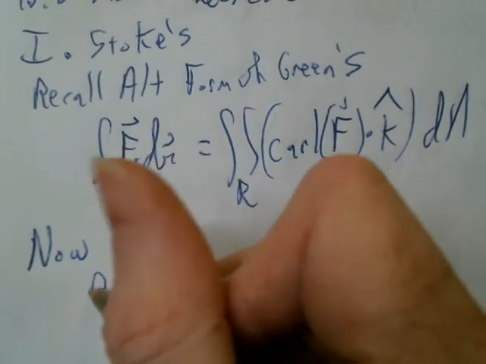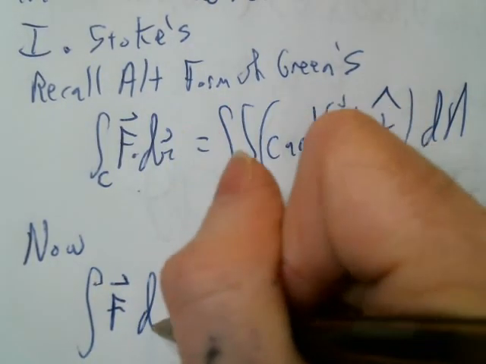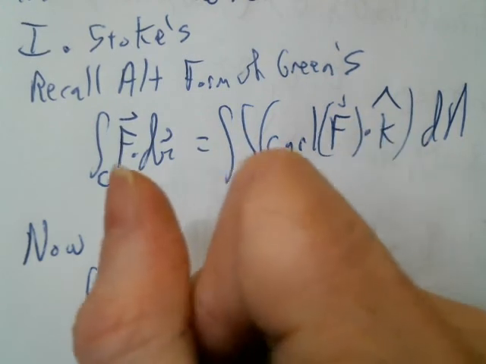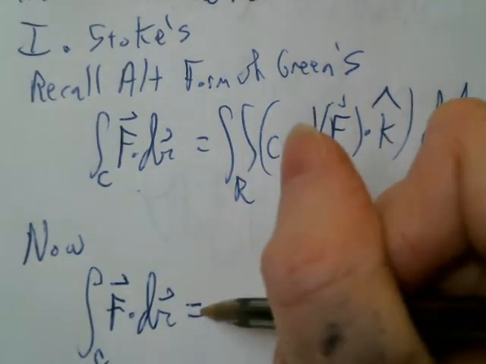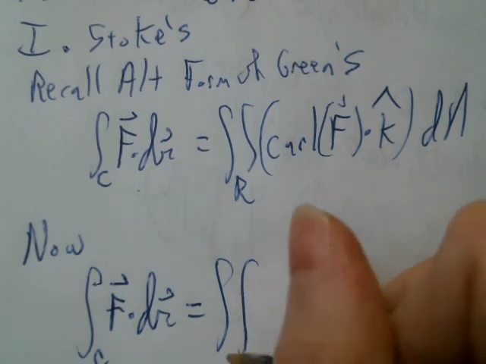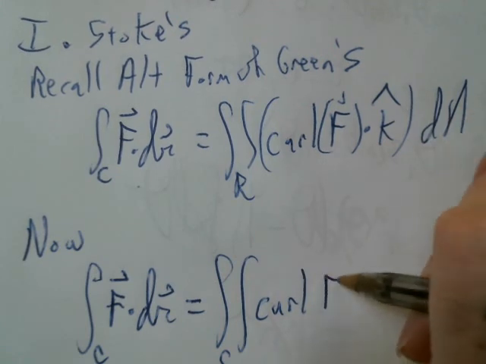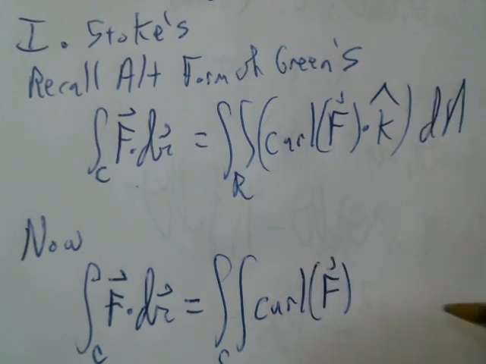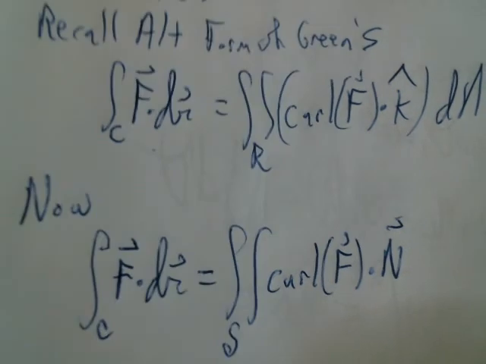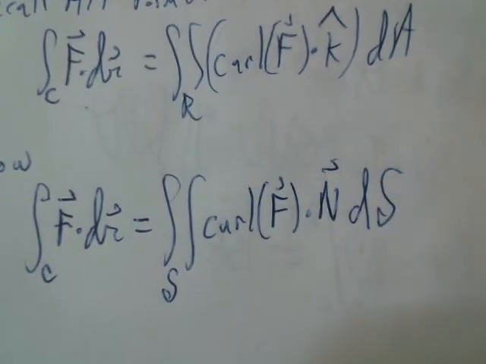So we'll have this line integral in space over this curve C, where that curve C is the boundary of this surface that we're integrating over here. So the thing we're integrating is the curl dotted with the unit normal vector dS.